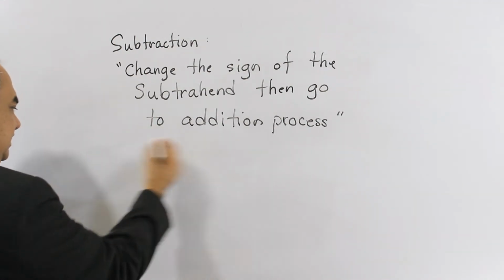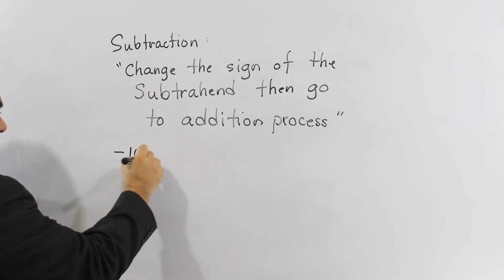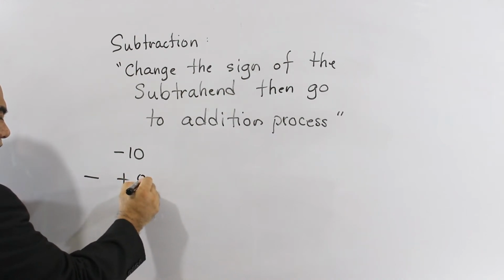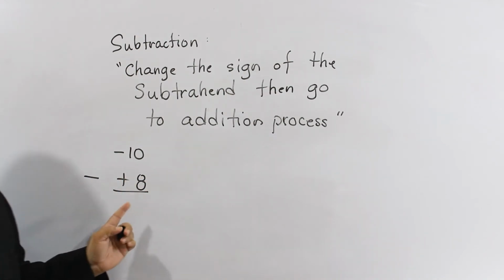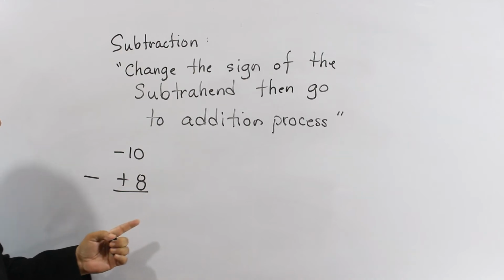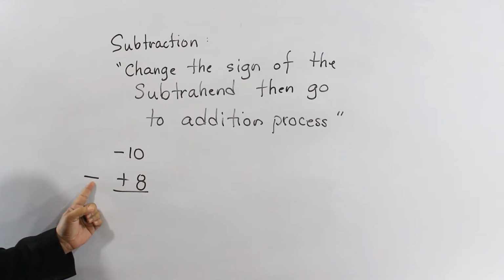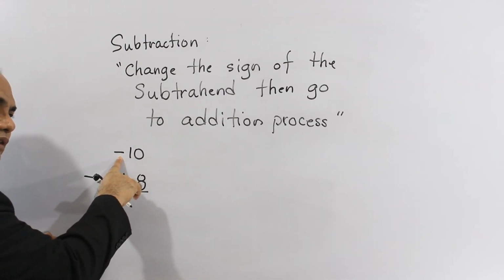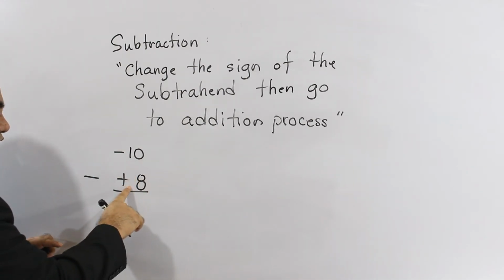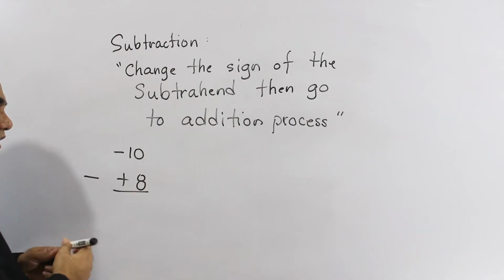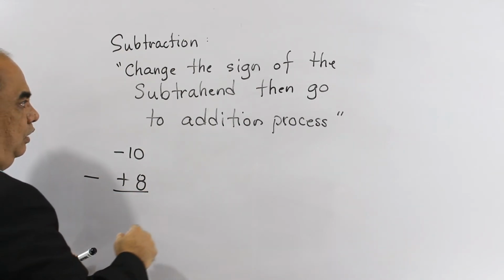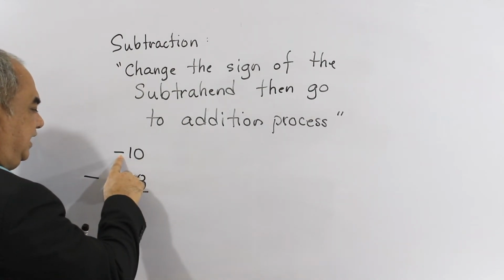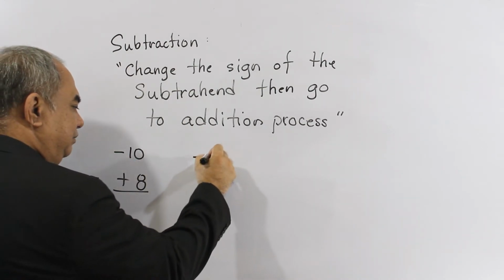An example of this is negative 10 minus positive, let's say, positive 8. We're going to rewrite these two numbers, and then change the operation from subtraction to addition. This is your minuend, the first number, and this is your subtrahend. Since we are going to change the sign of the subtrahend and not the minuend, we will just copy again the negative 10.